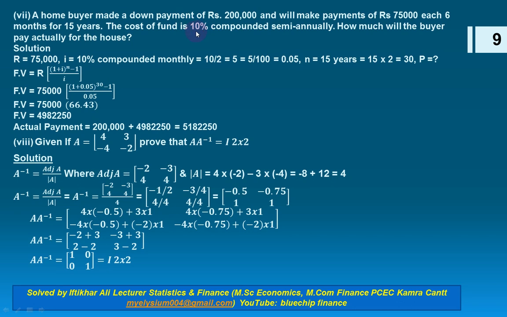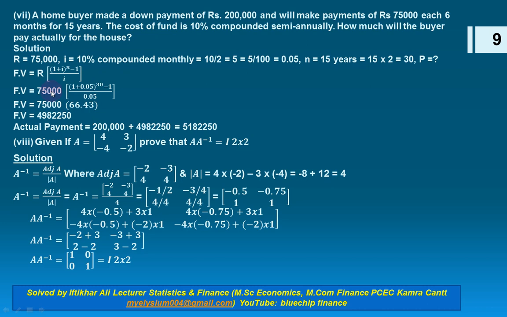So this 10% will be divided by 2, and the interest rate will be 0.05, and the time period is 15 years, but payments are made 2 times in 1 year, so 15 multiplied by 2 equals 30.